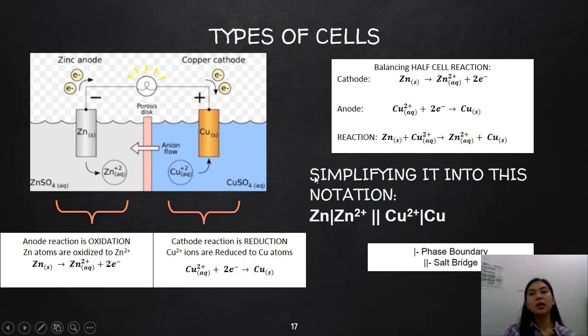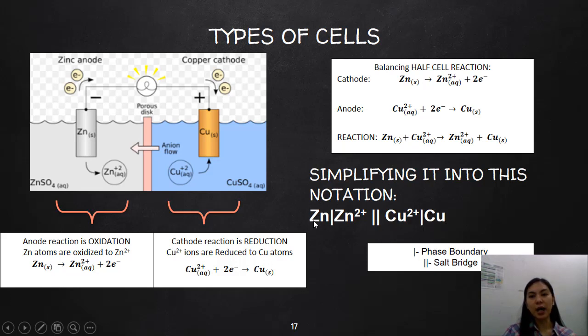Or usually, hindi na po ito yung pinapakita if you take a look at some references or books or whatnot. We actually simplify this particular reaction into this notation. So parang Zn, tapos ganyan lang, it's a line, Zn2+, and then double line, Cu2+, line Cu.